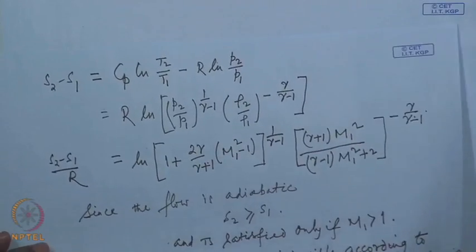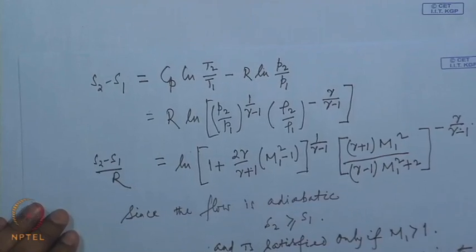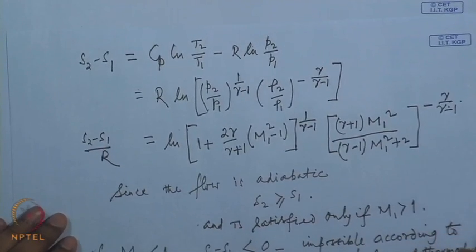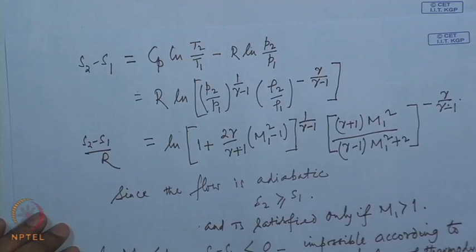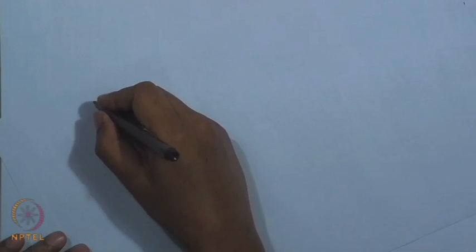A shock is called weak when the pressure rise across the shock is very small, and looking at the pressure ratio relationship, we can see that happens when M square minus 1 is small.